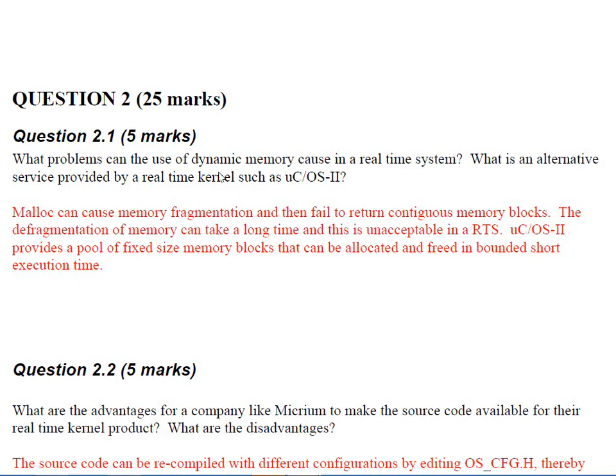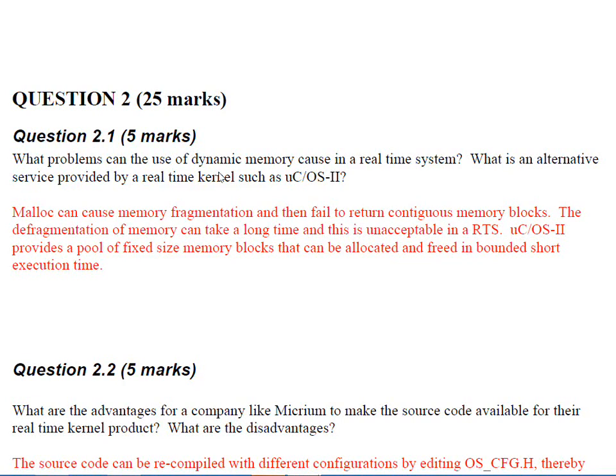And if you want a big block of contiguous memory, you may not be able to do that without reshuffling all of the memory. So in a real-time kernel, they actually solve that problem by having blocks of memory that are quite large, and they allocate those, and you need to say beforehand what size memory blocks you use and how many are pre-allocated. So it does restrict things a little bit.